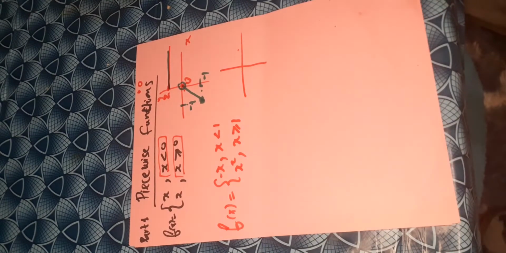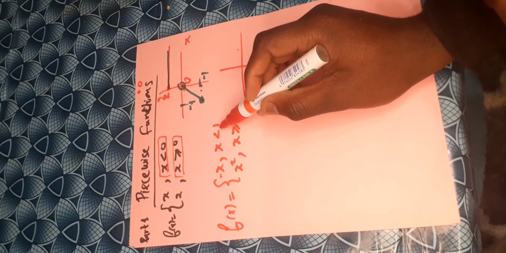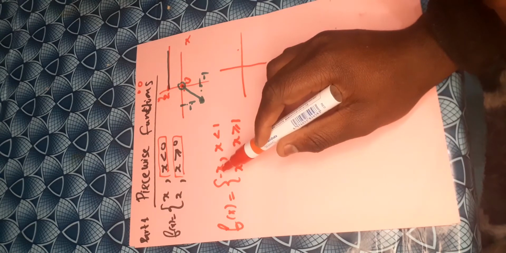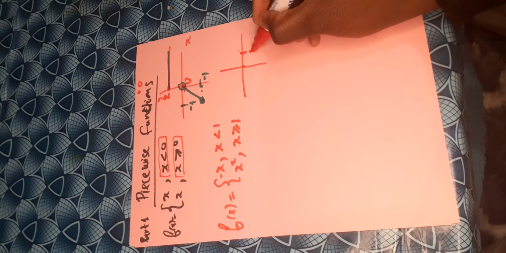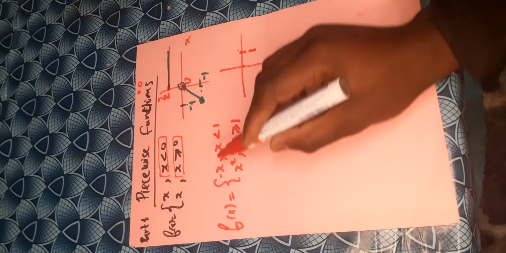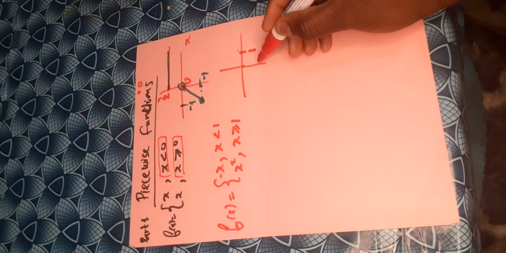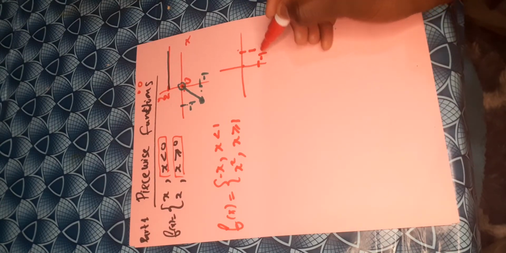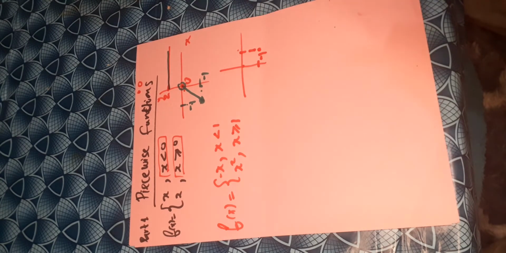You take what is in the interval. You check here. When x equals 1, what will be your f of x? It's going to give me -1. Okay? If x equals 1, that thing will be -1. I'm here.